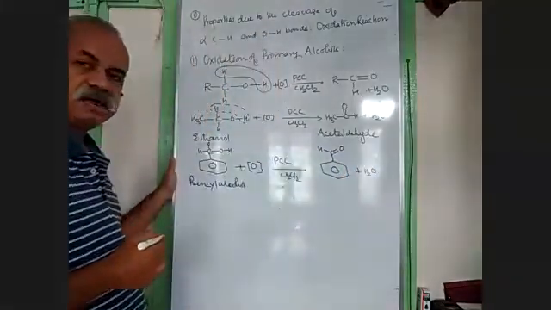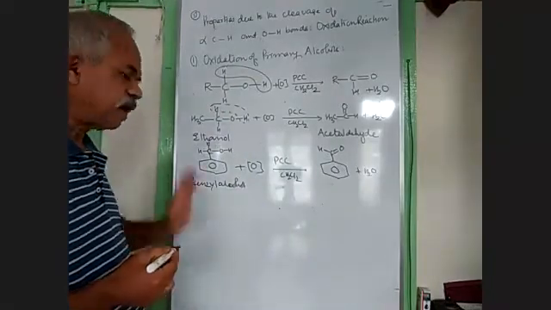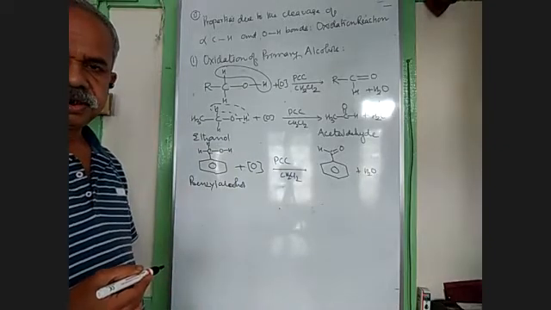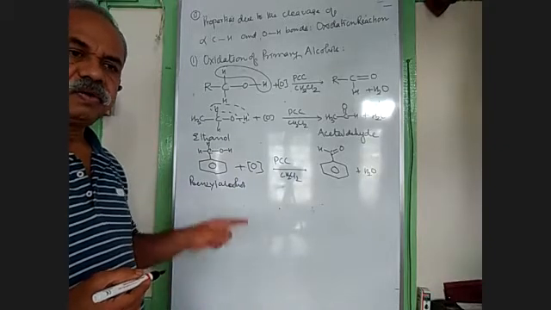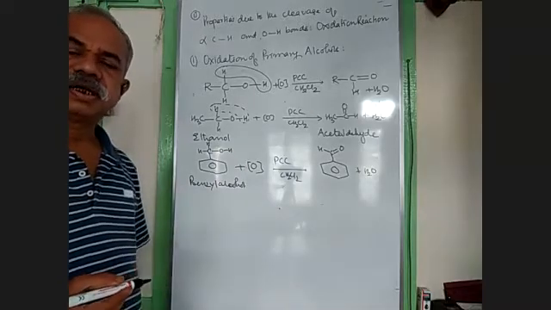See, one advantage of using PCC is that if I have taken an unsaturated molecule, PCC will only oxidize the alcohol group. It is not going to oxidize the double bond.